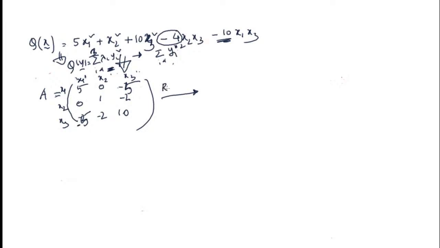First I apply the operation R3 becomes R1 plus R3, and here I denote this matrix by P1. I denote this matrix by E R S, here R is 3, S is 1 and lambda is 1. Clear?